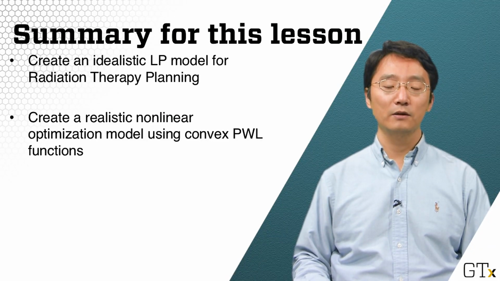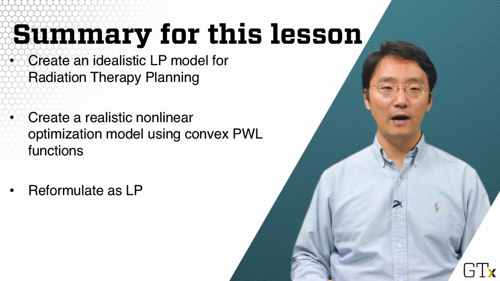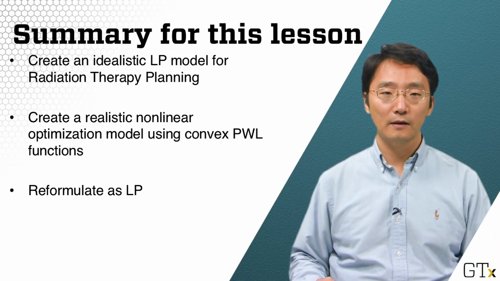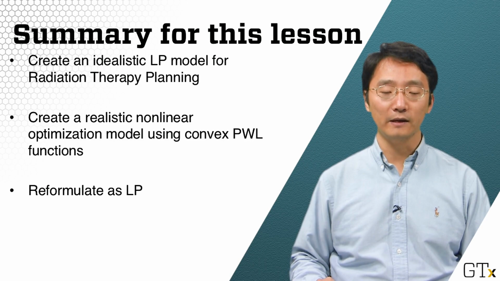Both are convex piecewise linear functions. And then we reformulated these nonlinear optimization problems using convex piecewise linear functions as a linear program. That's our lesson for radiation therapy planning using convex piecewise linear functions. Thank you.